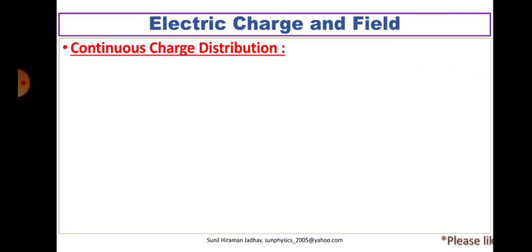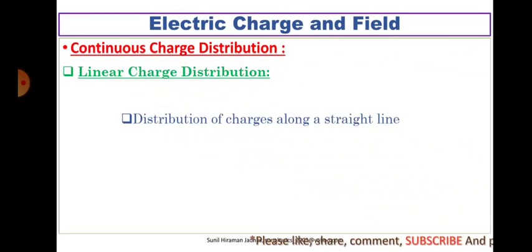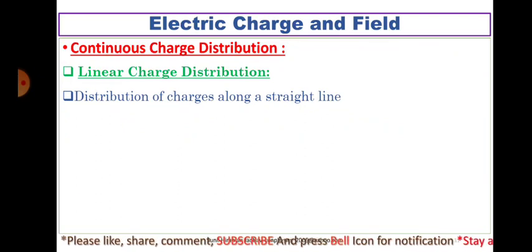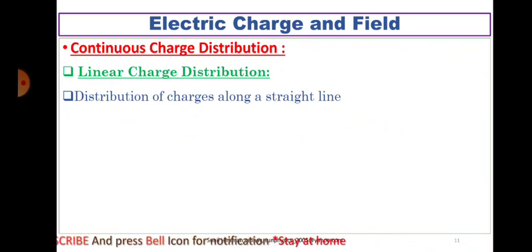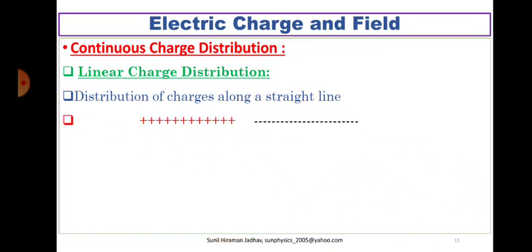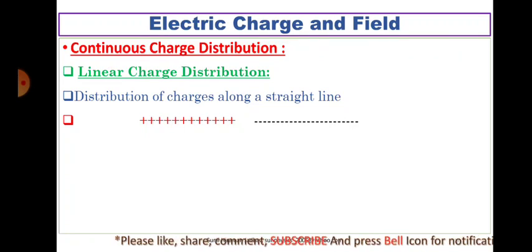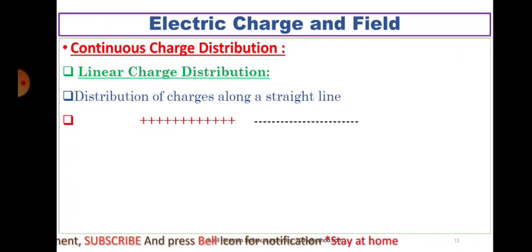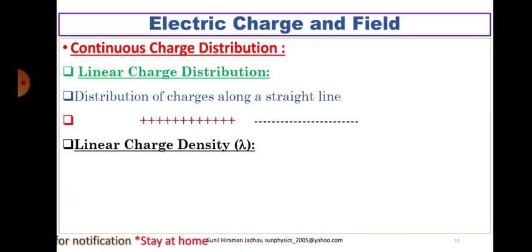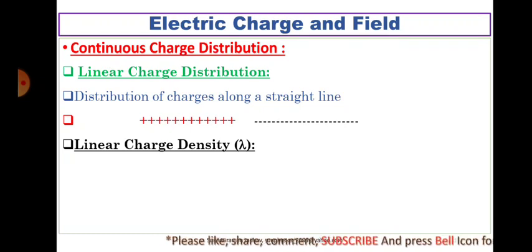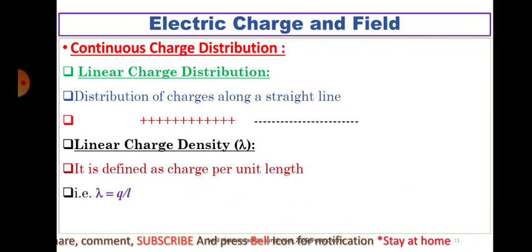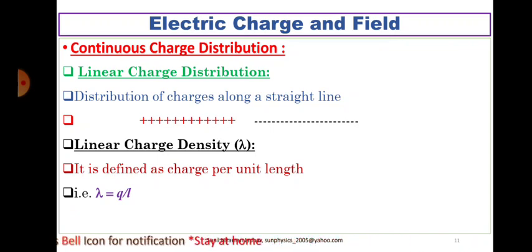Now, what is linear charge distribution? Basically, if the charges are distributed along a straight line, as shown in this figure, then we can say that it is linear charge distribution. For this case, we can define a simple term called linear charge density. We denote it by the letter lambda, and it is given by charge per unit length.